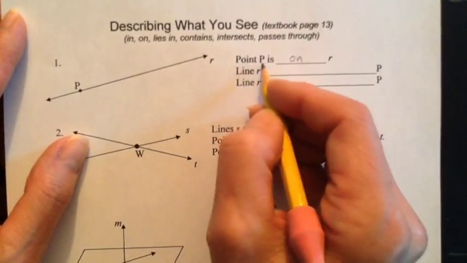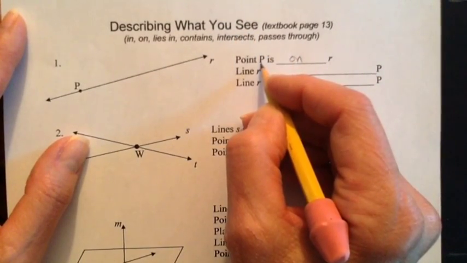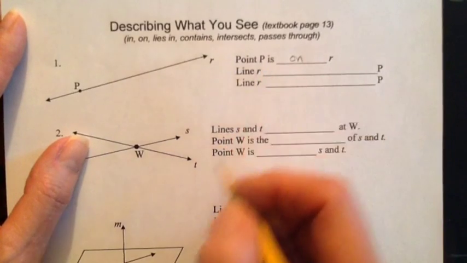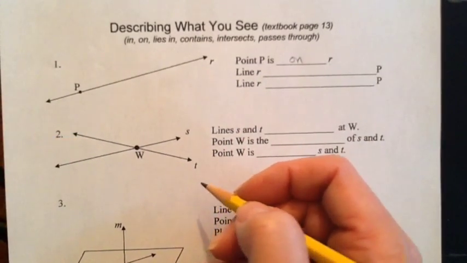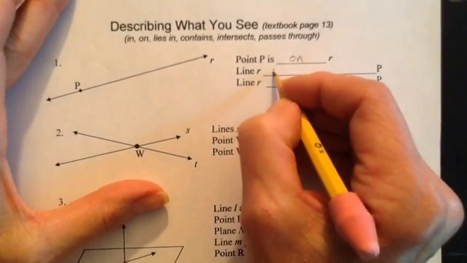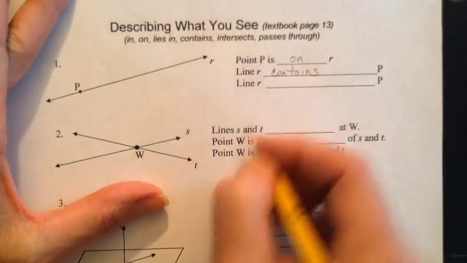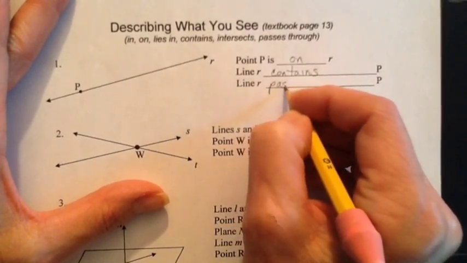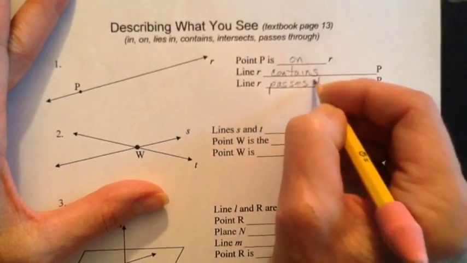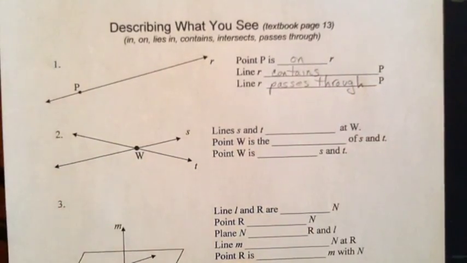Well, the sentence starts with the word point, but even if it didn't, I know that this would be a point because it's an uppercase, non-script letter. Okay? So that's one way of saying this. We also could say line R contains, or line R passes through. Okay, so all of these are appropriate ways to describe what's happening in that picture.